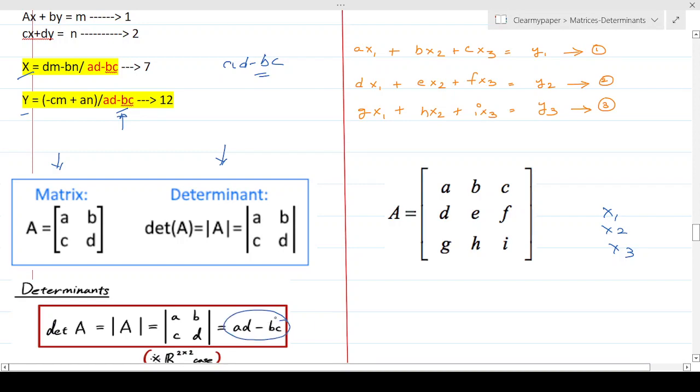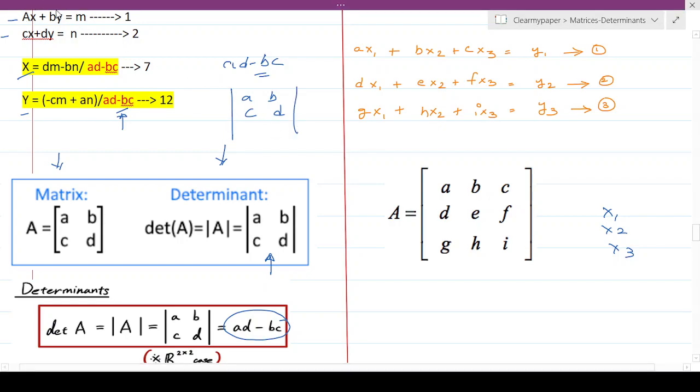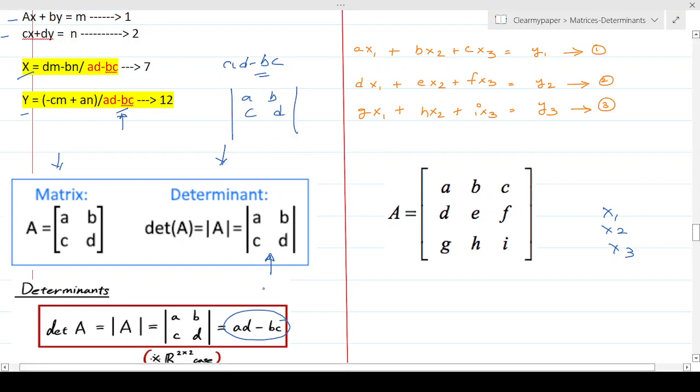If I represent this in matrix format, it's a simple a, b and c, d, where I'm defining the coefficient matrix for this particular equation, which will come like this. So there is a strong correlation between the way this appears here, the sequence of terms, and the way the determinant is defined, which we derived algebraically.